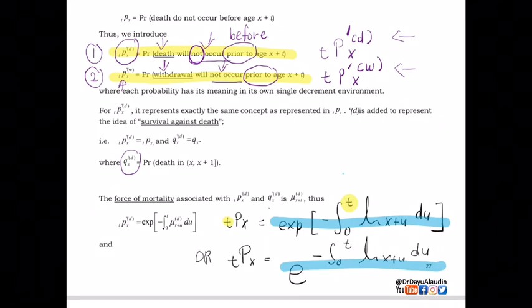So the difference between tPx and tPx^(d) is the force of mortality. This one, we use mortality just for death. It's for general form. And this is one for only death, for the decrement of death.